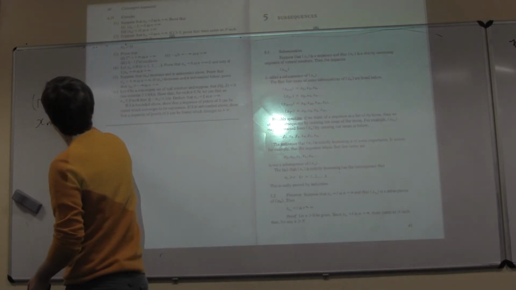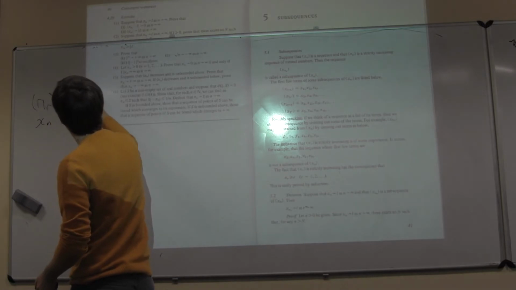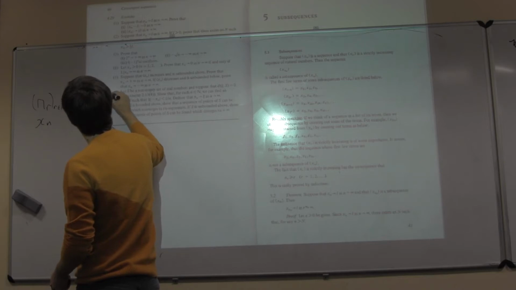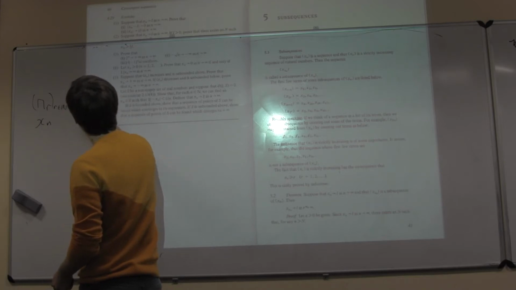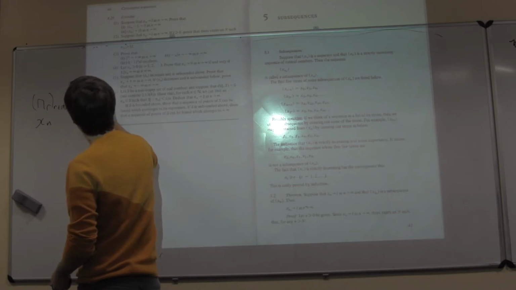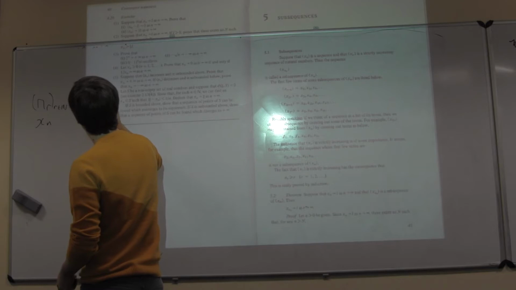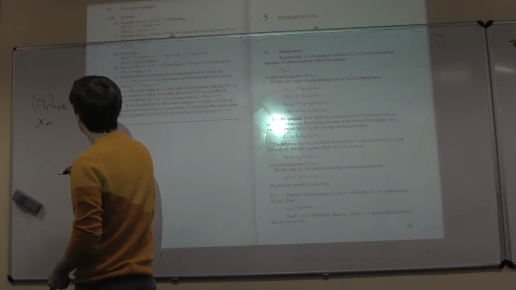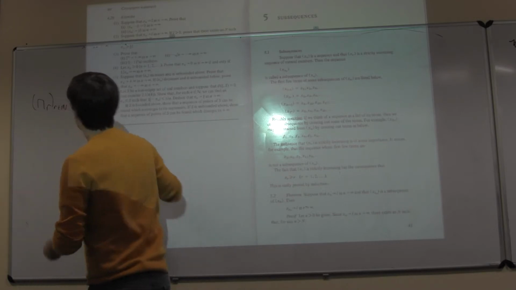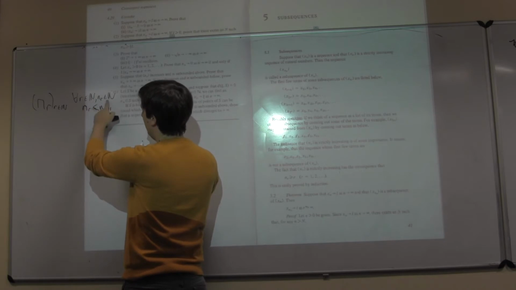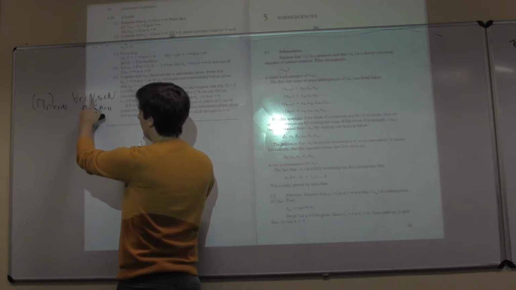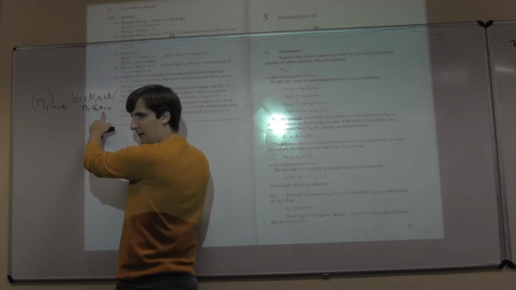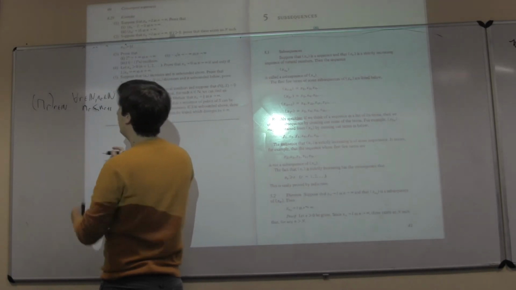So for all r in N, n_r is in N, and n_r is strictly less than n_(r+1). So n_r is a sequence of natural numbers, and n_r is strictly less than n_(r+1), so the sequence is strictly increasing.